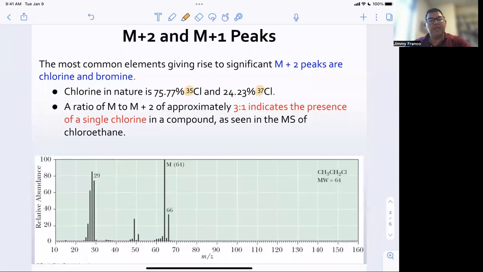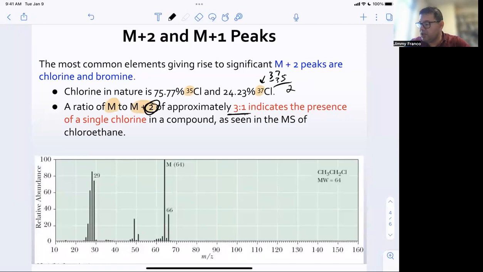What we'll actually see is that we're going to have a ratio of the mass and the mass plus 2. That plus 2 comes from the difference here, right, of 37 minus 35. There's a difference of 2, and so it's those 2 extra mass units. These peaks will tend to be in a ratio of 3-to-1.